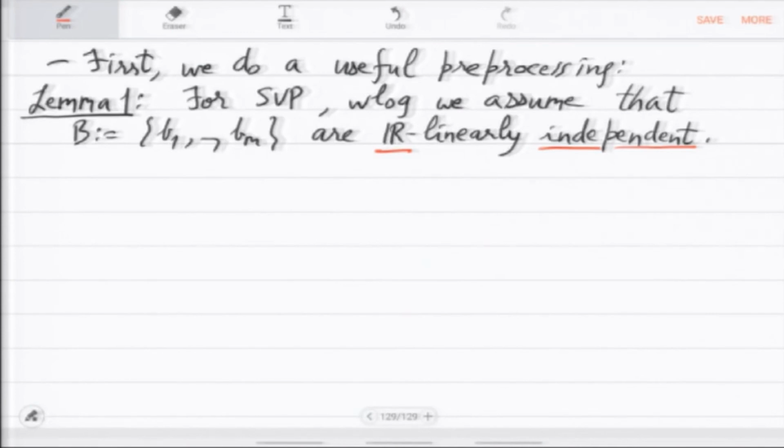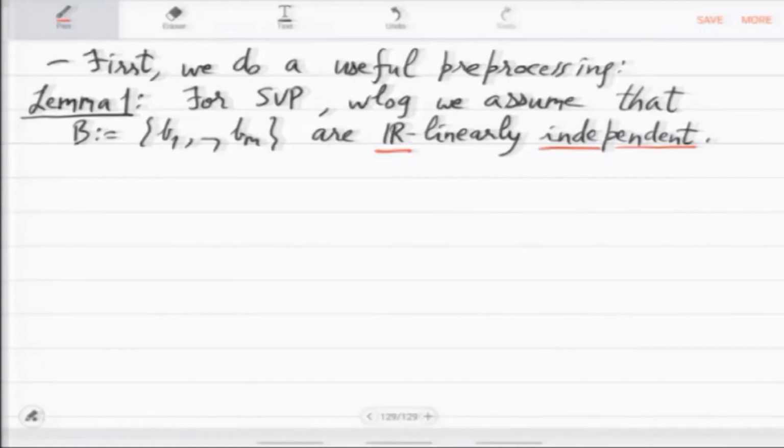Remember that in the input B1 to Bm could have been dependent in some complicated way. You could have B1, B2, and then you may have 2B1 plus 3B3, and then you may have 10B1 plus 100B2, and so on. So it is not really clear whether using integral combinations of that you can get back to B1, B2.